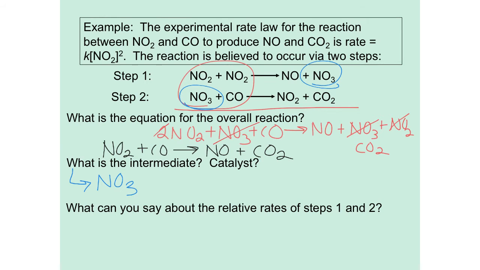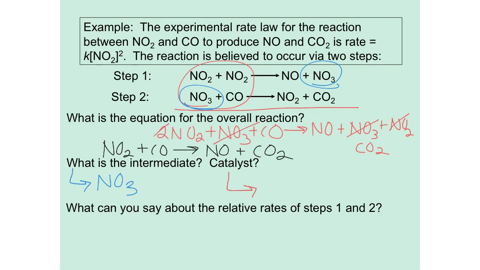A catalyst is a little bit different. A catalyst gets added in the beginning, used up, and then produced. So it's still going to get crossed off the equation, but in a different manner.